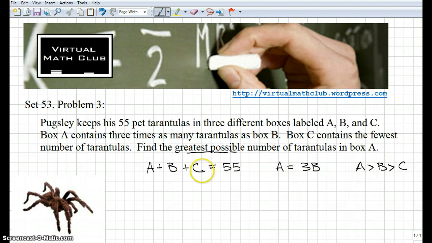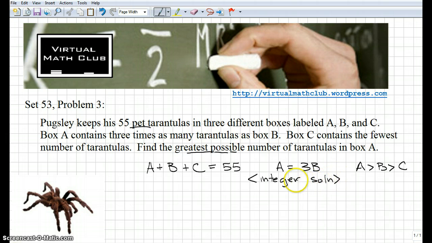Okay, well, we have essentially 2 equations, but we have 3 unknowns. We have 3 boxes that contain tarantulas. But the other information that is implied by this problem is that these are pet tarantulas, and the solution to these equations has to be an integer. So the other implied information is that we have integer solutions.